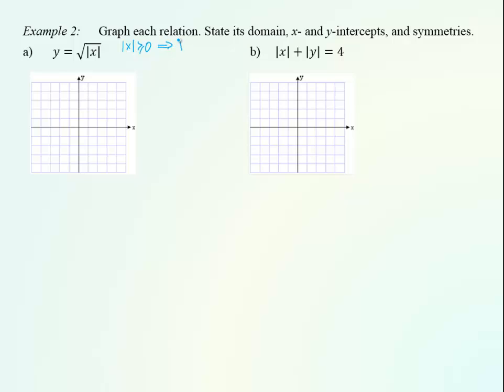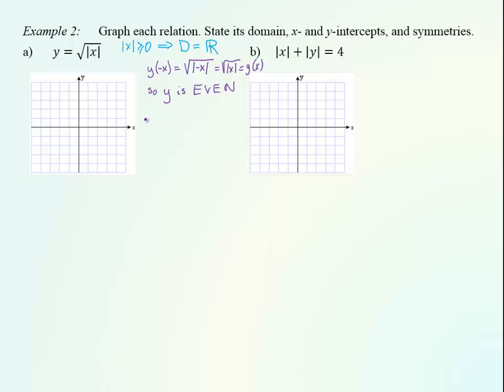Therefore, the domain of y is actually all real numbers. Now we can check symmetries. What about y of negative x? Well, if I plugged in negative x instead of x under the absolute value, this really becomes the same as absolute value of x, which is y of x. That really means that y is even.